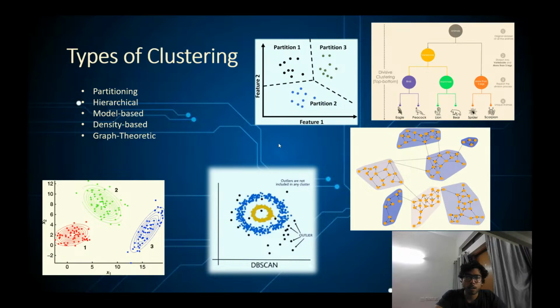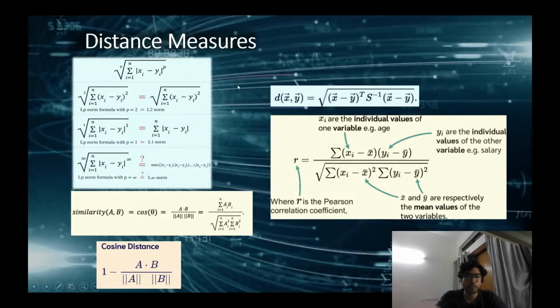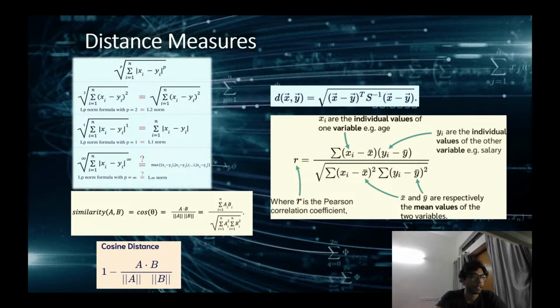Because, let's say if you're talking about this partitioning algorithm, we want to take points which are closer to each other and make one cluster together. Similarly, we make different partitions, and we need to know which are the points that are closer to each other. So for that, we need to have some measure of distance between 2 points. So how do we calculate the distance? That is the question.